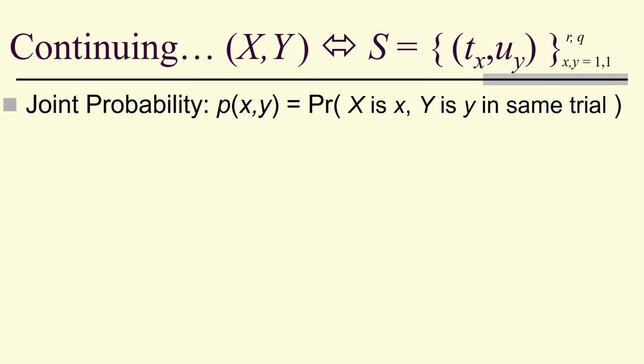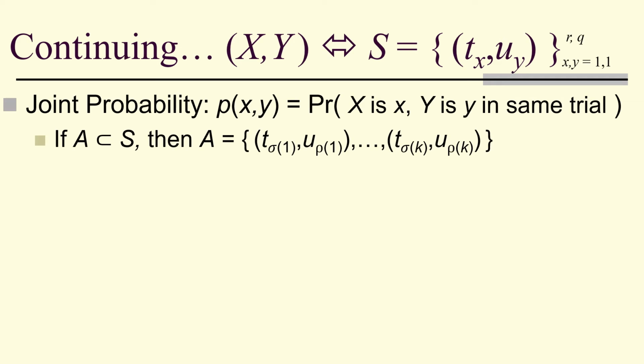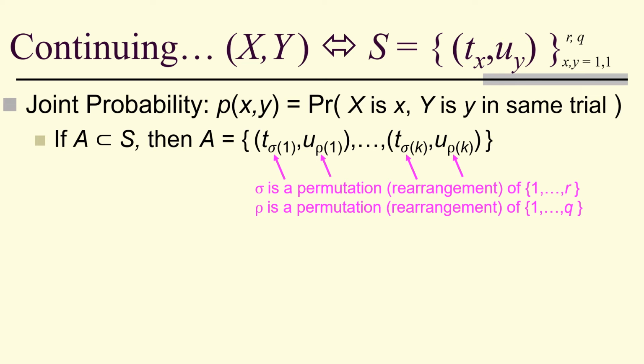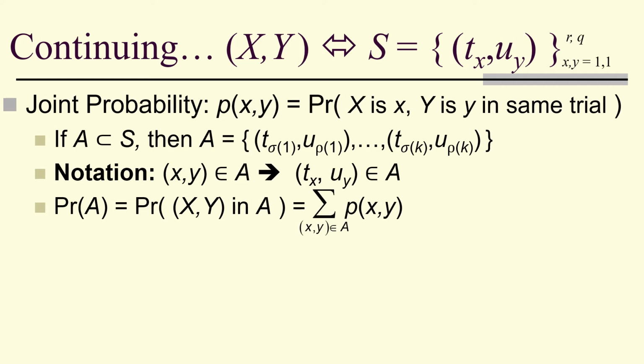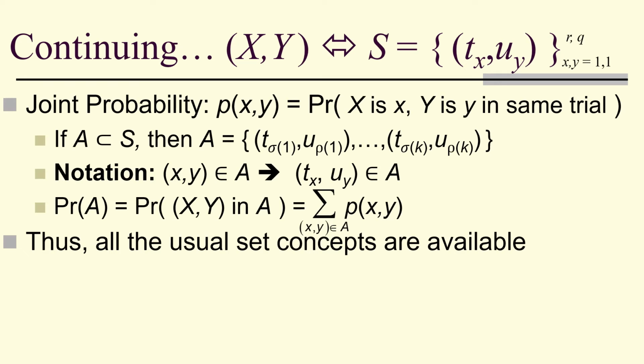So joint probability, if A is a subset of S, then it's equal to some collection of tuples, which we can denote using these permutations or rearrangements. And again, if we say (X, Y) is in A, we mean that the pair T sub x and U sub y is in A. So the probability of A is the probability that (X, Y) occurs in A, which is the sum over (x, y) in A of P of x, y.